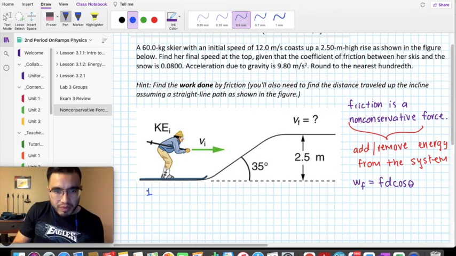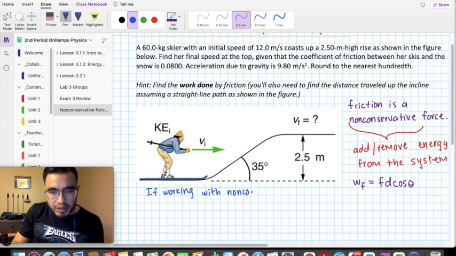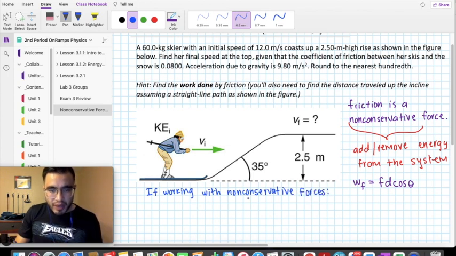So if working with non-conservative forces, this is the equation.